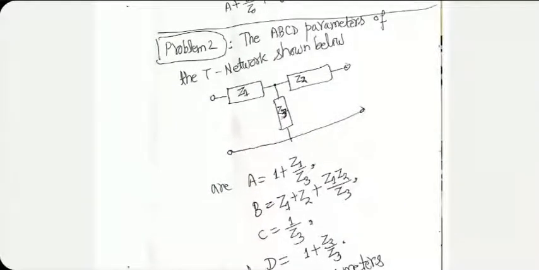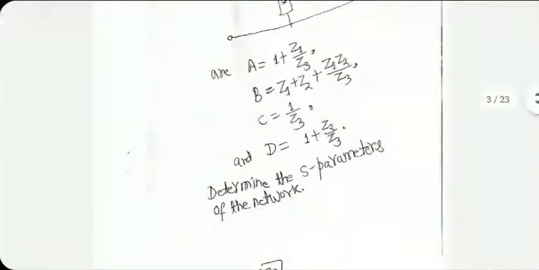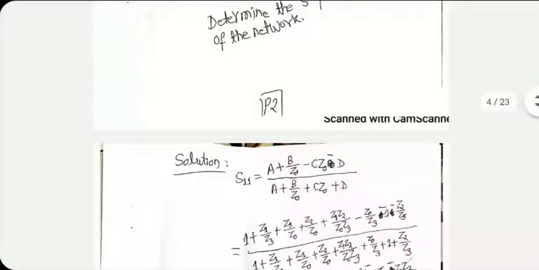A is 1 plus Z1 upon Z3, B is Z1 plus Z2 plus Z1 Z2 upon Z3, C is 1 upon Z3, D is 1 plus Z2 upon Z3. Now, based on this, let's try to derive S parameters for this T network. So formulas are the same, just that ABCD values are different.